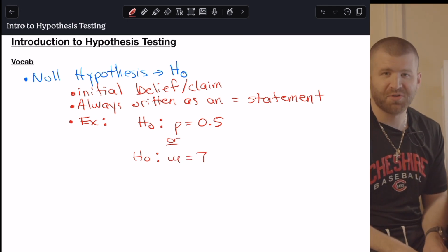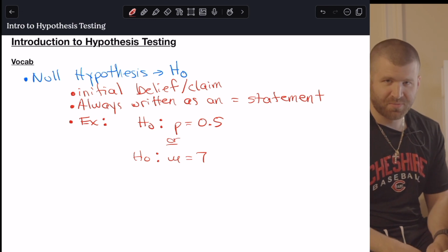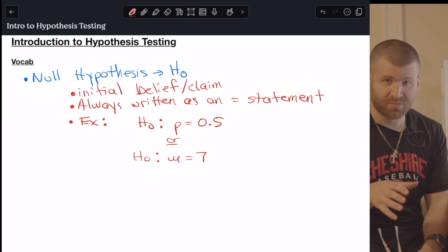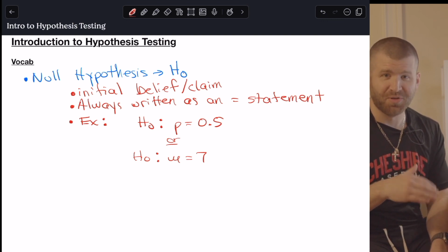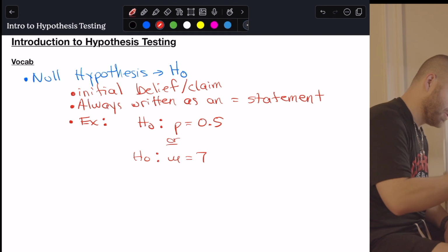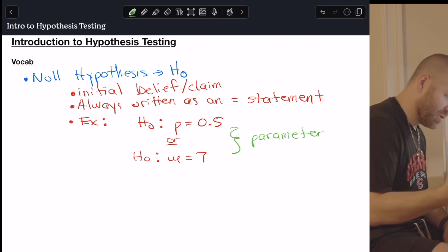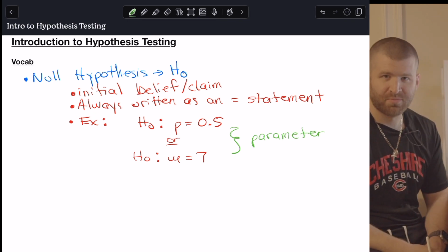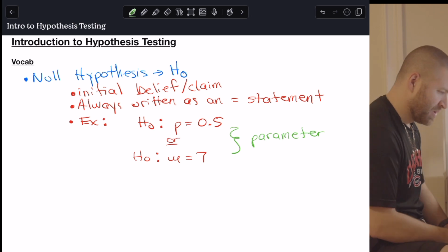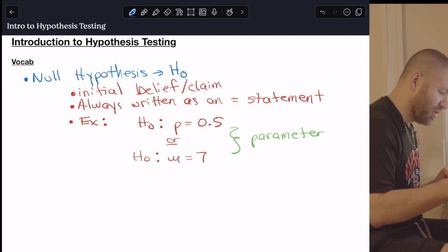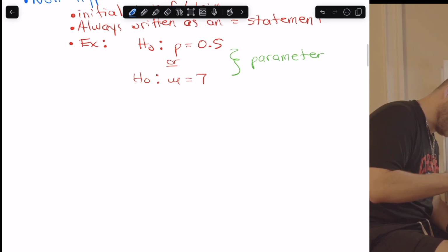So notice, those are always written as equal to statements. It's always the stated claim that this population parameter, also notice that, is equal to this number. So that's one extra thing I'll write for you here. It's always about some population parameter. Always, always, always.